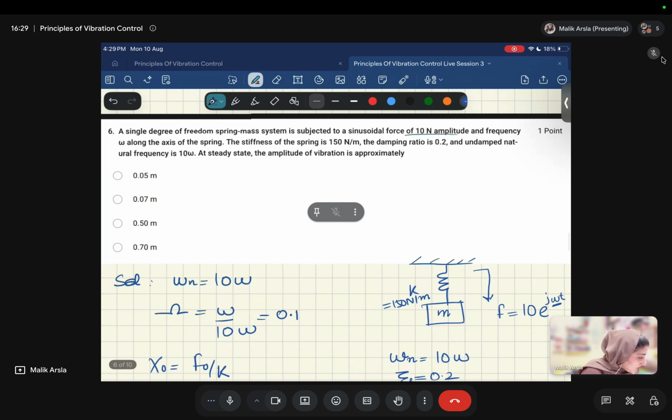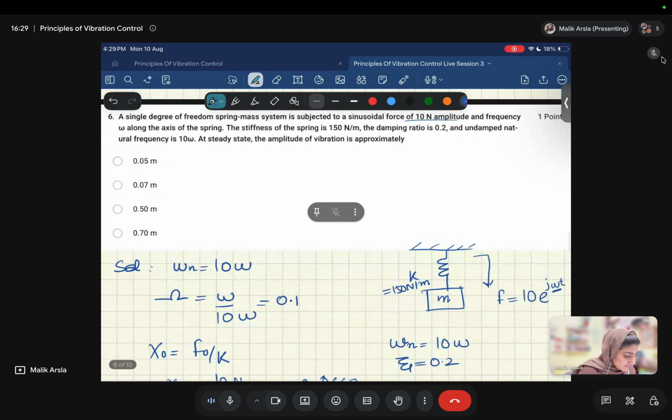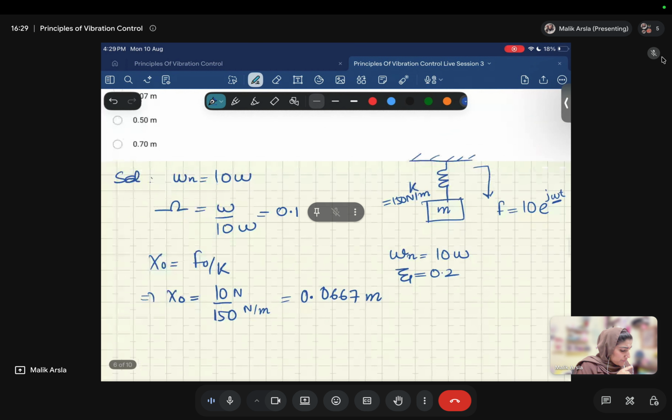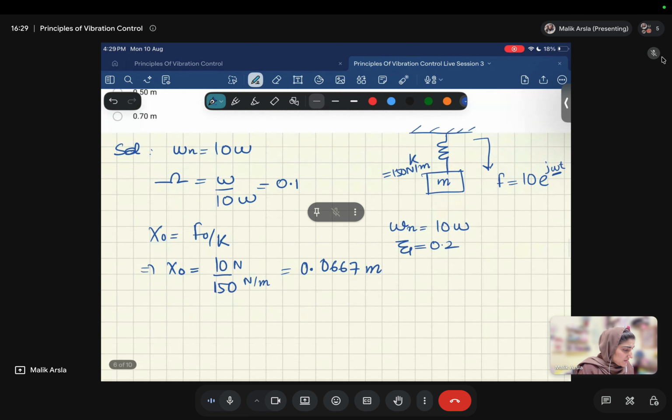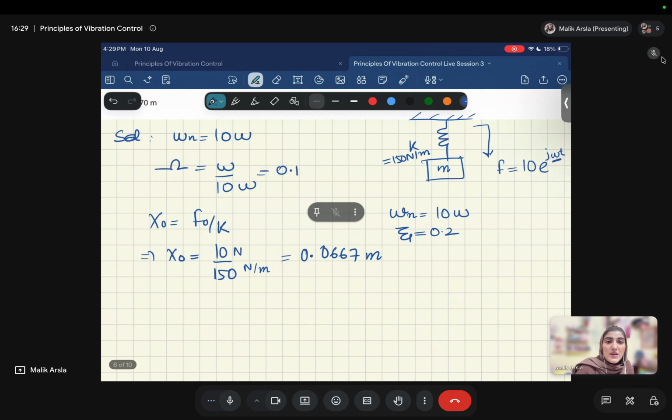Now what we need here is, we have been given the damping ratio, so we can simply find the x or the steady state amplitude by relating this static deflection and the frequency ratio.